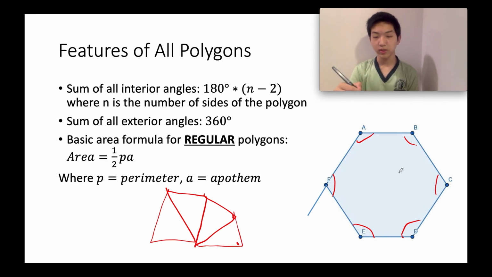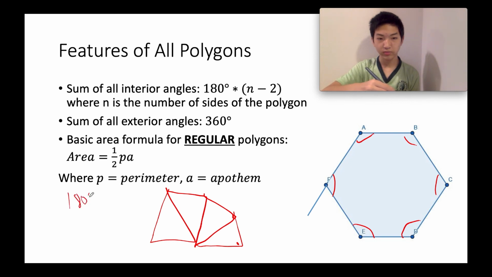So we see here we have a hexagon. Using the formula, we know that it has 6 sides. So 180 degrees times n minus 2, so that'd be 180 degrees times 6 minus 2.